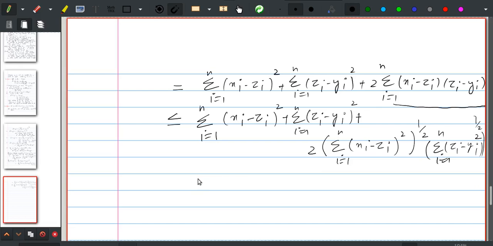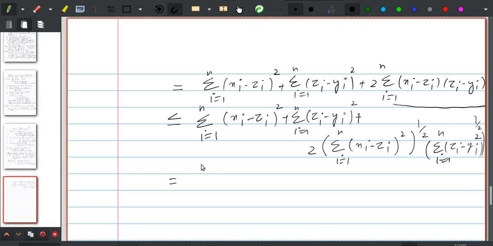So we can replace this thing by this expression.